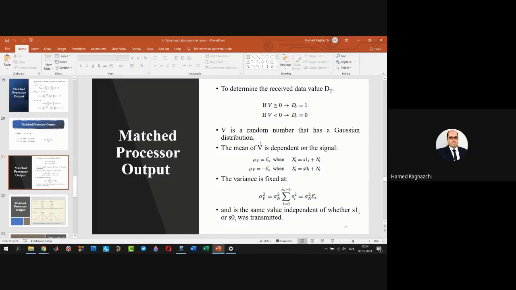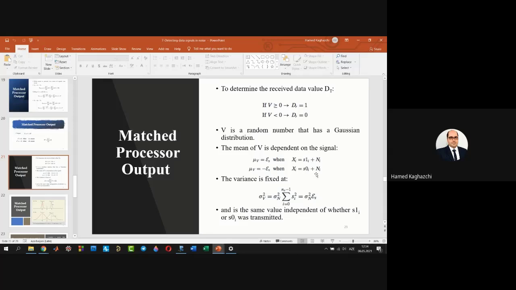We say that the mean of signal V is equal to the energy of the signal when my xi is like that, and is equal to minus the energy of the signal when xi is like that.